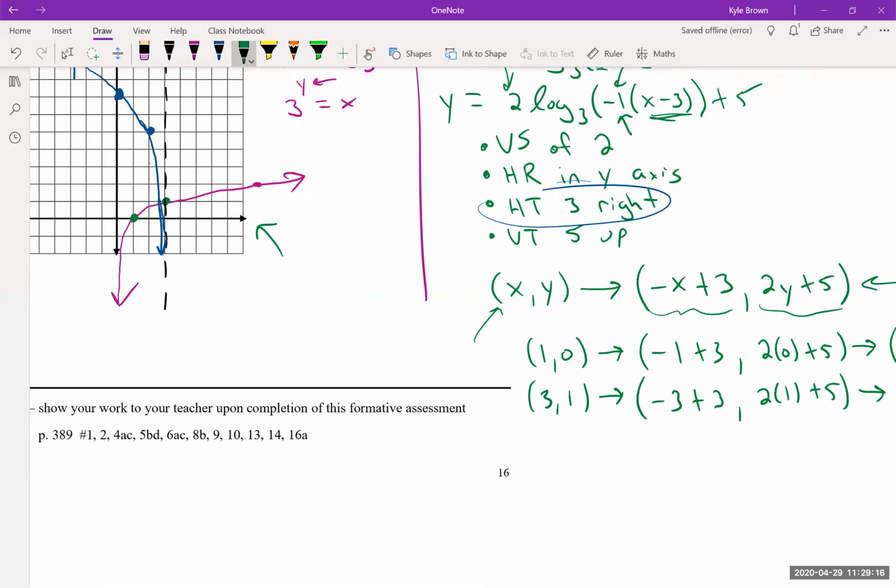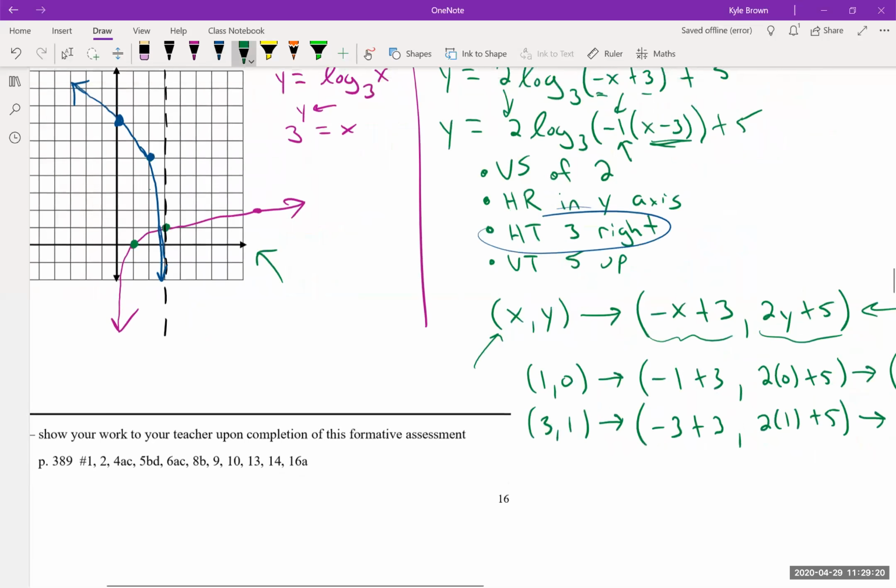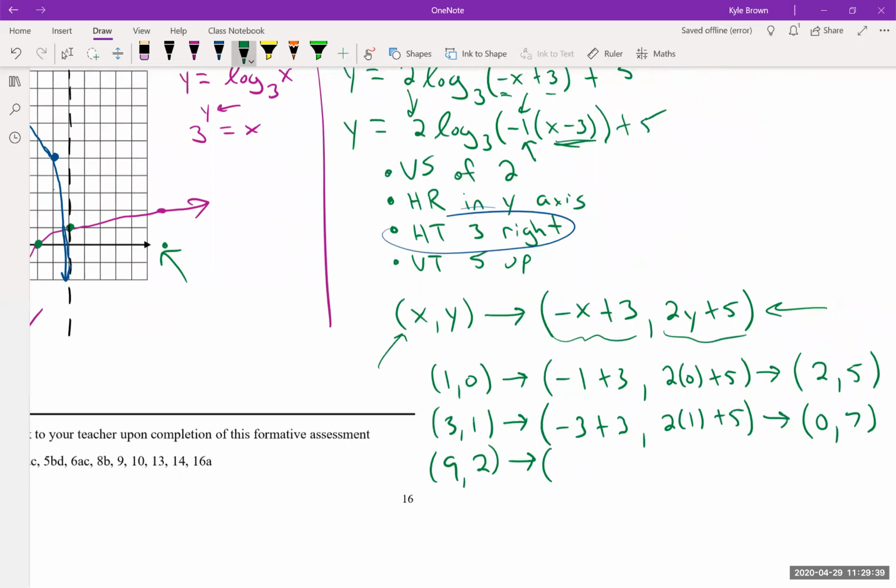Let's go, well, did I make another one? Yeah, let's do that one. So this point here was at, what was it, 9, 2. So 9, 2 would be at 9 plus 3.